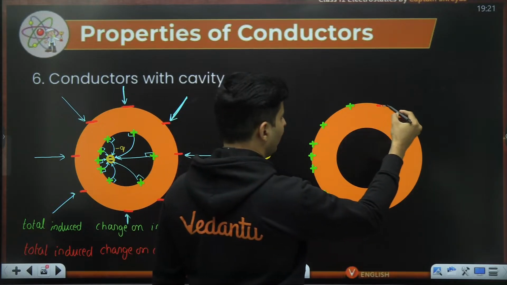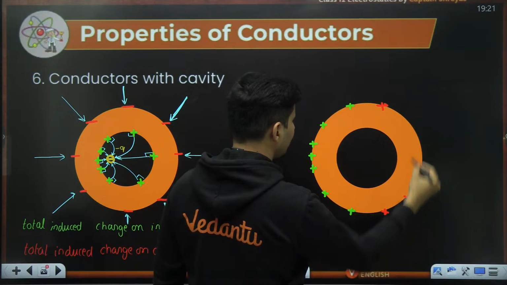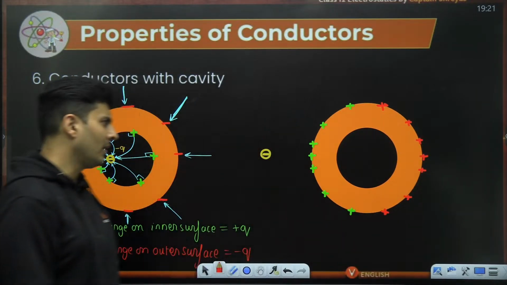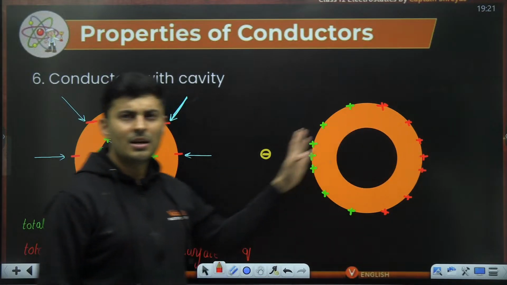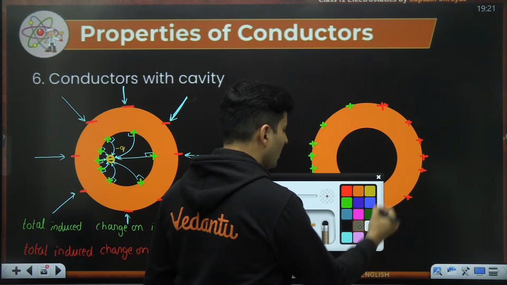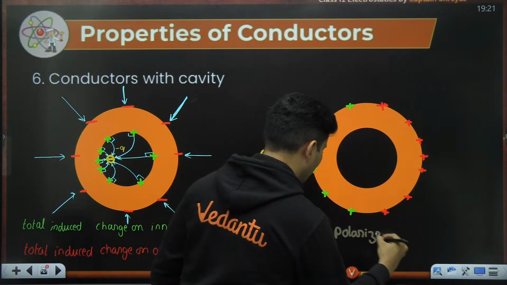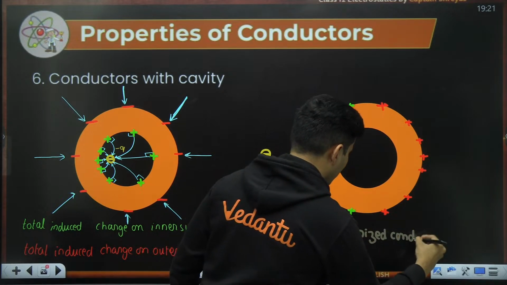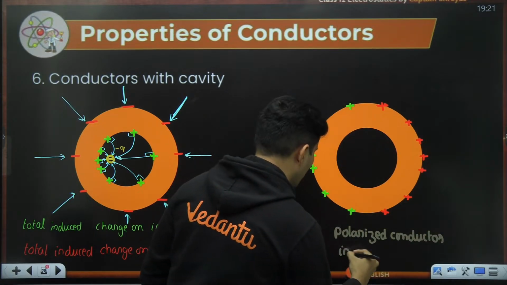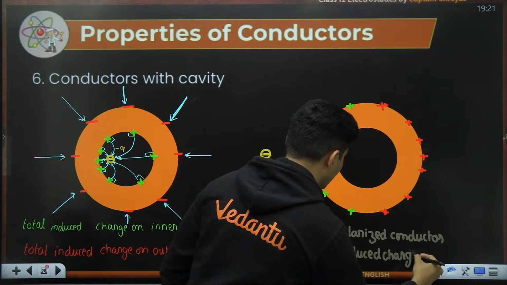The negative charges have gone away from them, so probably you will see something like this, some negative charges over here. The negative charges will go that side, positive charges will come here. So you will see a polarized conductor, and you will also see induced charges on the surface of the conductor.